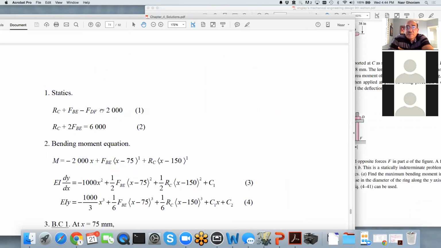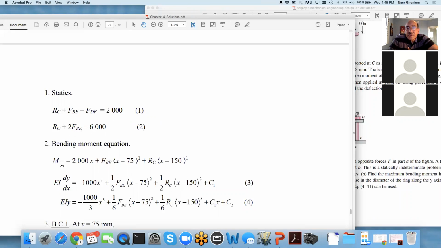First, from the equilibrium, I have two equations and two unknowns. The sum of forces equals 0 when you add the right sign. Take moments about the end, then you get R sub C plus 2 FBE equals 6,000 newtons. So these are two equations, and I still have three unknowns.